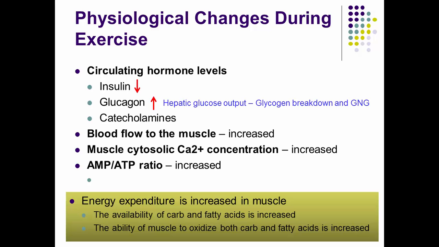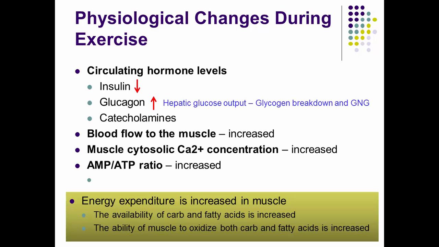And also stimulate gluconeogenesis. So during exercise, because of the hormone level changes, particularly the glucagon increase, hepatic or liver glycogen breaks down and releases glucose, and the liver also makes more glucose through gluconeogenesis.